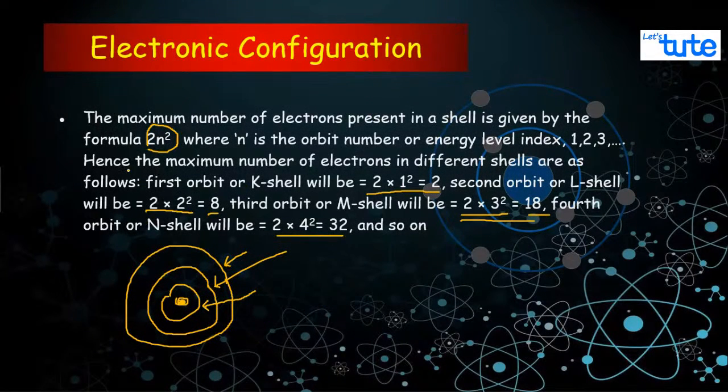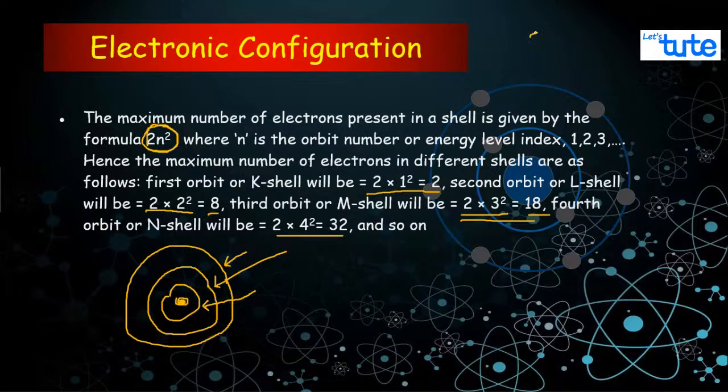The first rule says how many electrons a particular shell can hold, and you should follow this formula: 2 multiplied by n raised to 2.